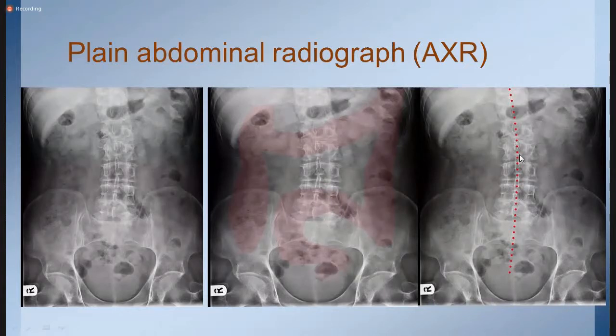This is the spine that is outlined in dotted red dots, demonstrating the mild scoliosis curvature of the lumbar spine towards the left side. Centrally we have small bowel loops, and peripherally we have large bowel loops.